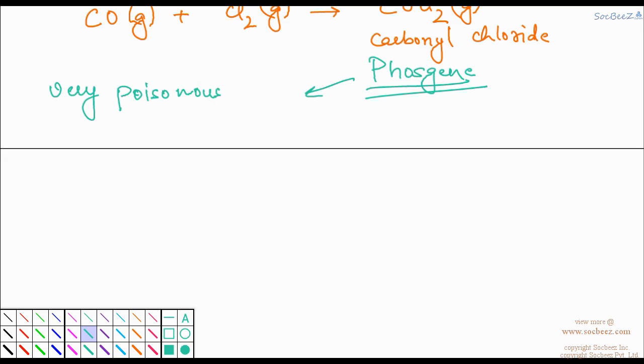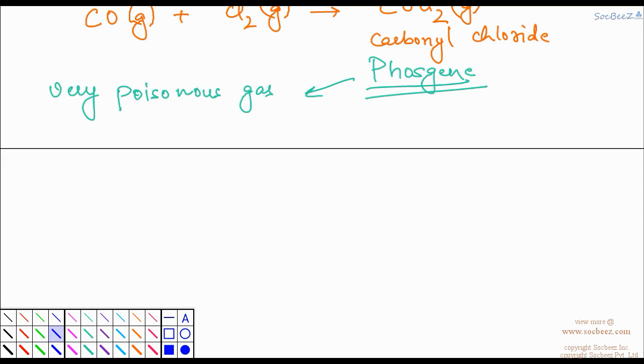So this reaction is very harmful. It may happen that carbon monoxide may react with chlorine even in the atmosphere and produce phosgene, which may poison people and cause death.